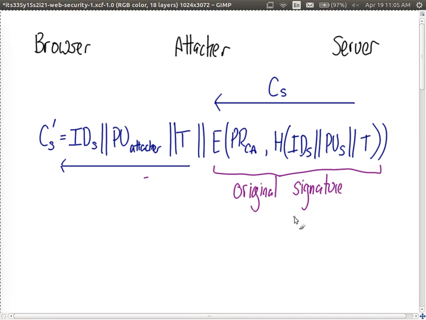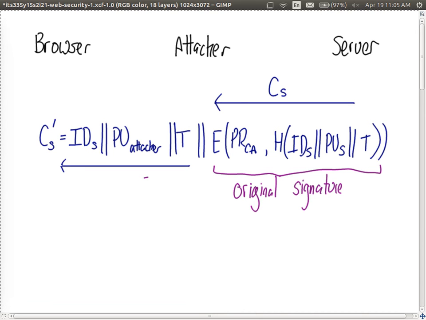We're trying to check. We know it was signed by the CA. All right, how do we know that? Well, we trust this CA. In fact, if we look at the exact format of certificates used in web browsing, they actually include the CA's name in the field there, the ID of the CA. So we decrypt the original signature using the public key of the CA.